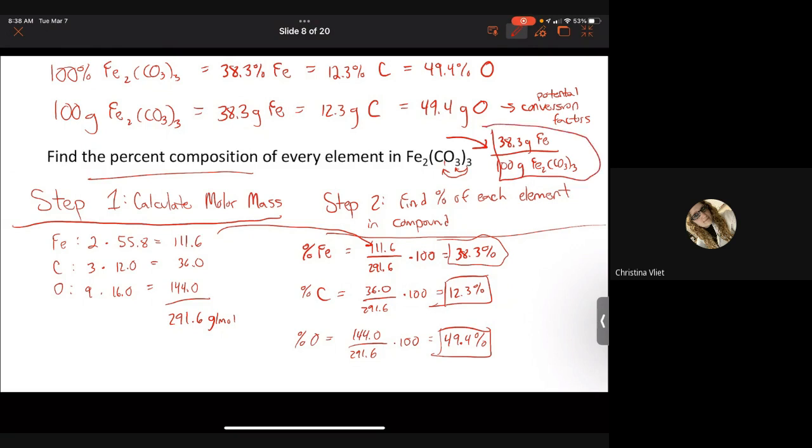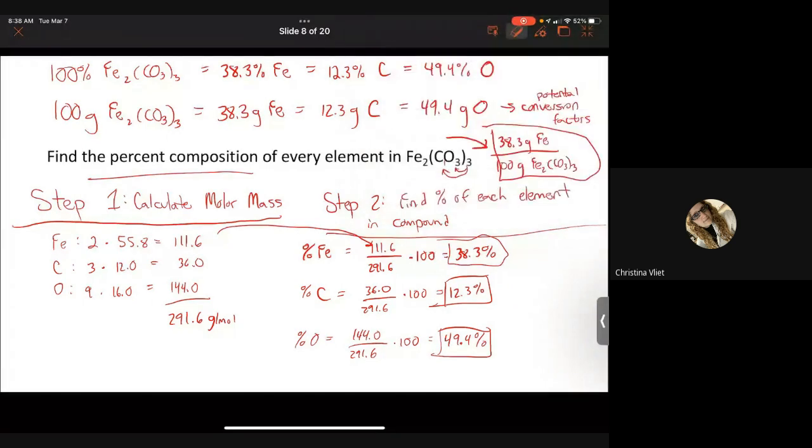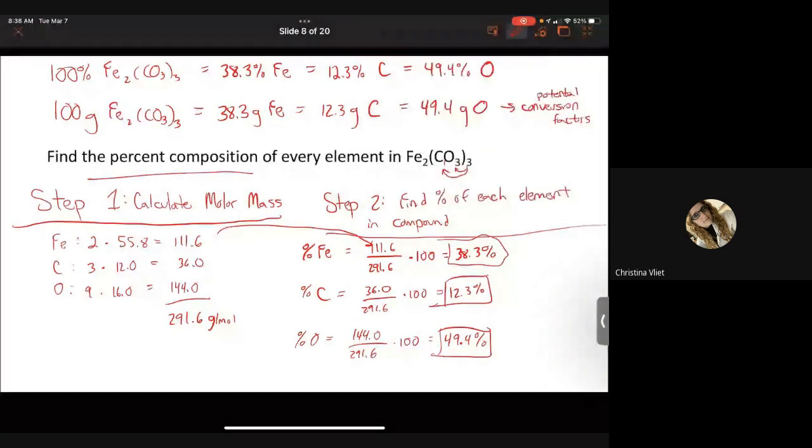Oops. And I'm going to rewrite that without the writing. 38.3 grams of Fe is for 100 grams of the compound.